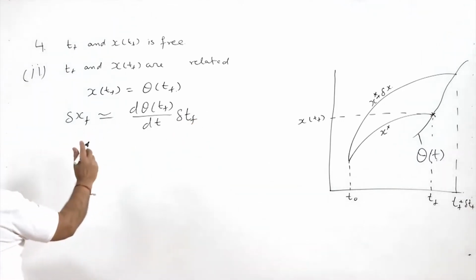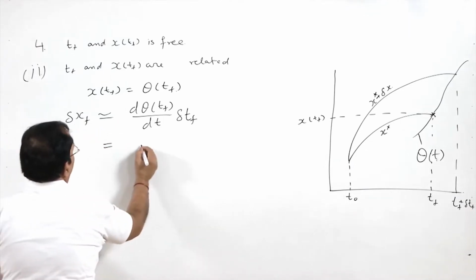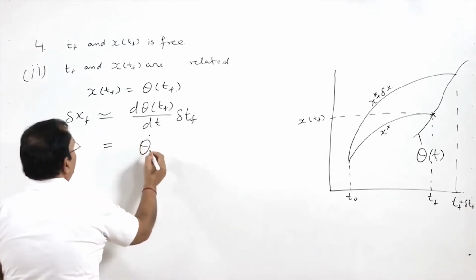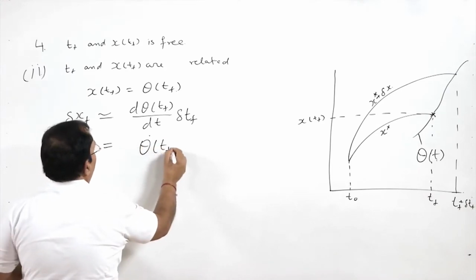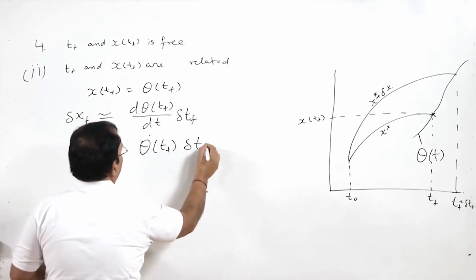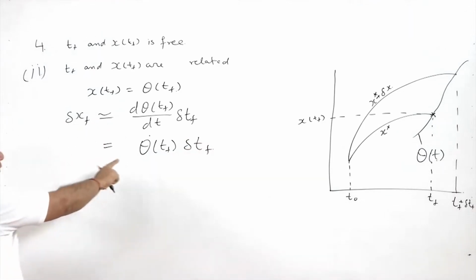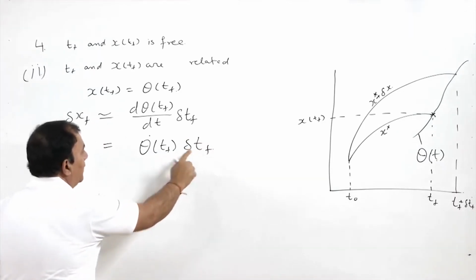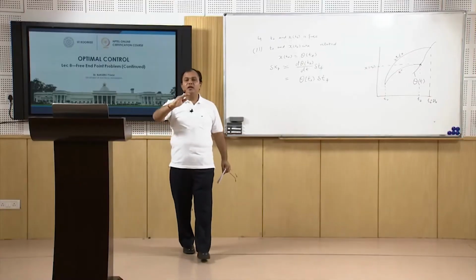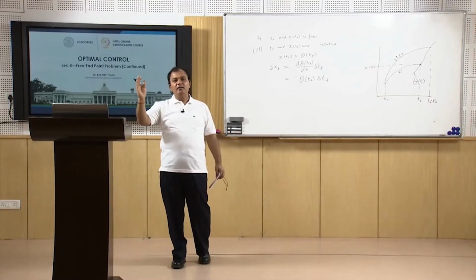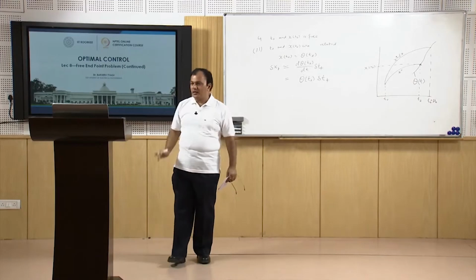Or simply I can write this as theta dot at TF point delta TF. So, XF can be approximated in terms of theta if there is a relation between x and theta at any given condition.